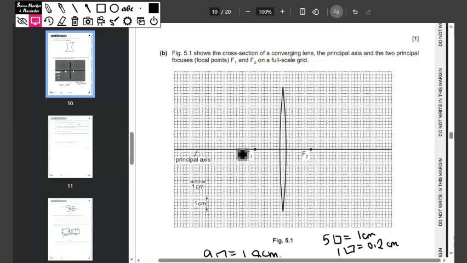So it will be around here. And the height of the object was 2.1 centimeter. So that will be 11 boxes. The arrowhead will be around here. Now let's draw an arrow.